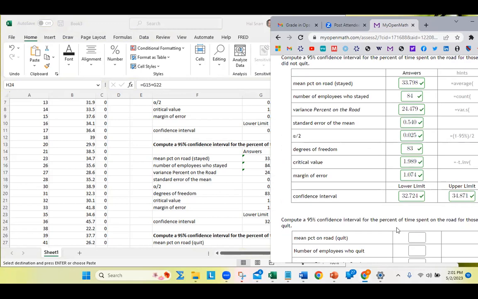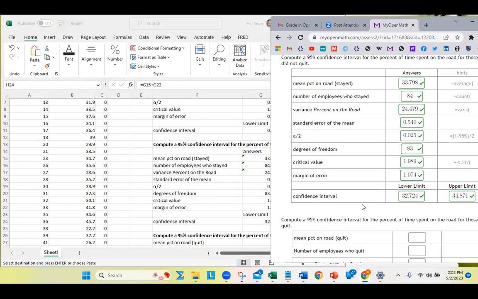So the confidence interval tells you what? If this is sample data, which it is, we're 95% confident that the average percentage of our employees being on the road for those who didn't quit, our current employees, is between 33% and almost 35%, right? That's what those numbers mean.